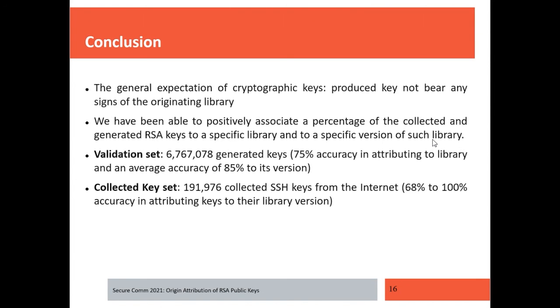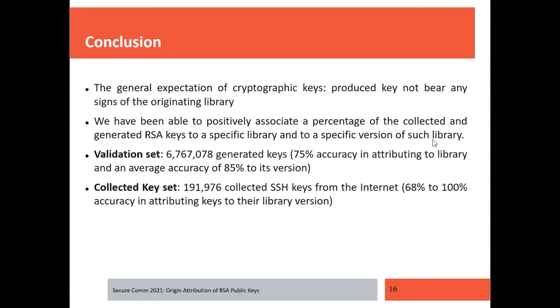The general expectation of cryptography is that a produced key shouldn't bear any sign of the originating library, so we cannot assign any key to the originating library. However, we have been able to positively associate a percentage of the collected and generated RSA keys to a specific library and also to a specific version of such a library.